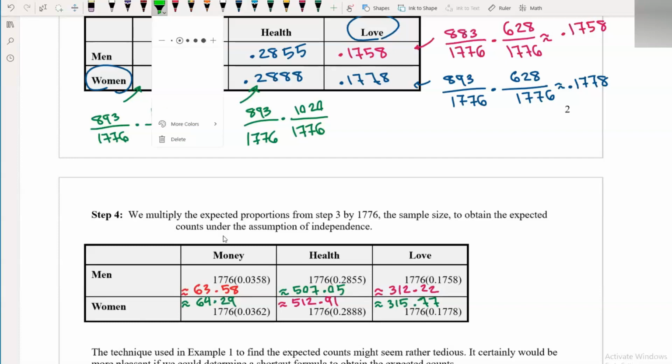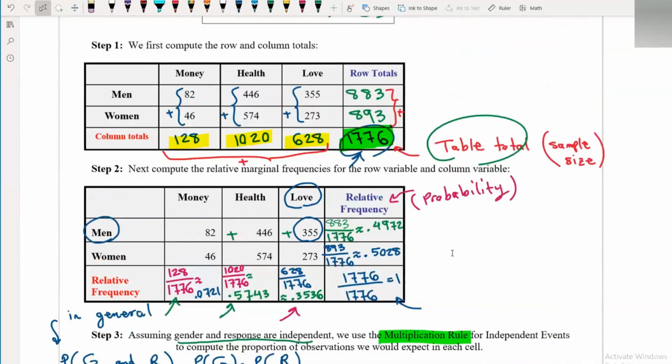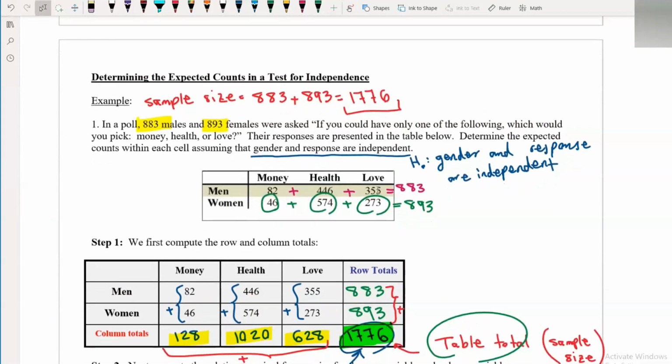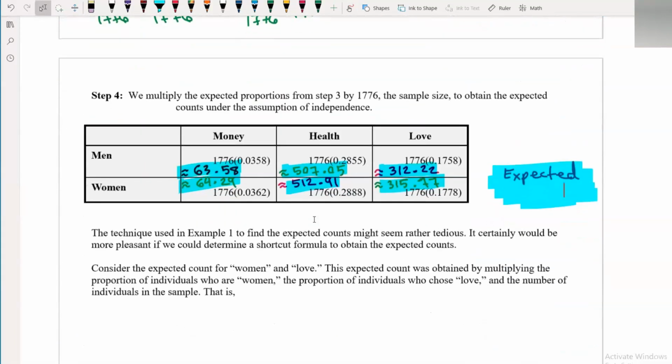So these numbers are expected. And I'm going to write the numbers that we already have here on top. These are observed. I'm going to write these here so we can better see and compare all these.